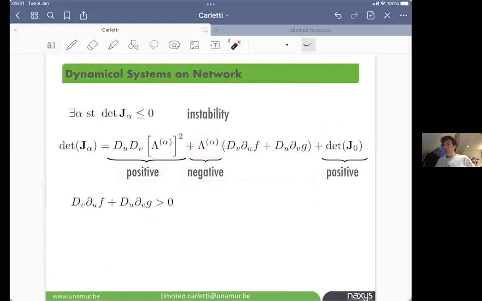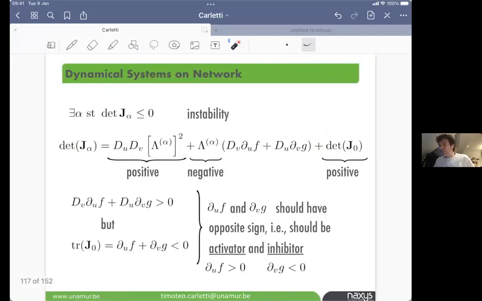So the only possibility to have this negative is that this part should be positive. Because if this is negative, everything is positive, so the determinant will always be positive. Okay, so you have this first constraint that this special combination of Dv times the derivative plus Du times the derivative is positive.